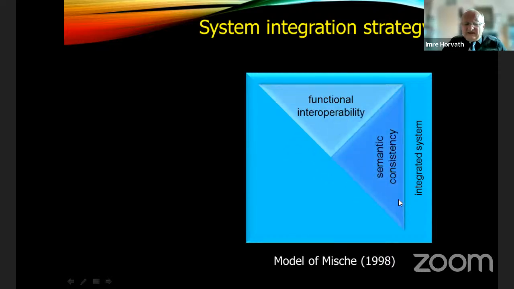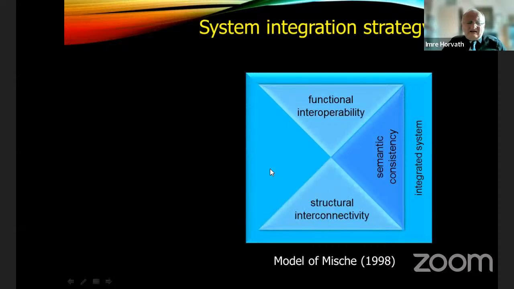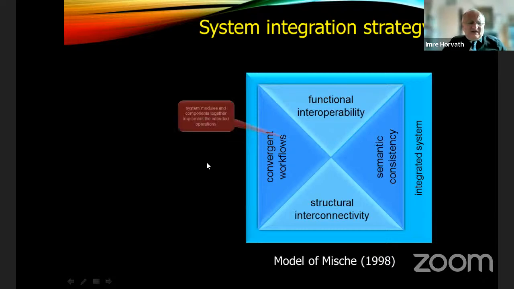We have to take care of semantic consistency. We have to ensure structural interconnectivity, and we have to take care of forming convergent workflow. These are the four highest-level, somewhat abstract requirements that we have to decompose into concrete requirements at the time of proposing the system innovation.